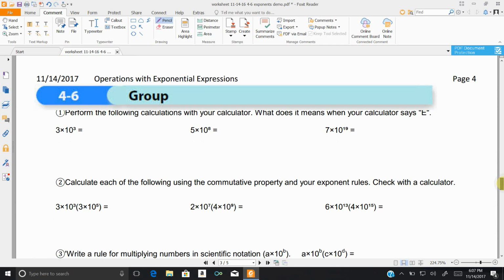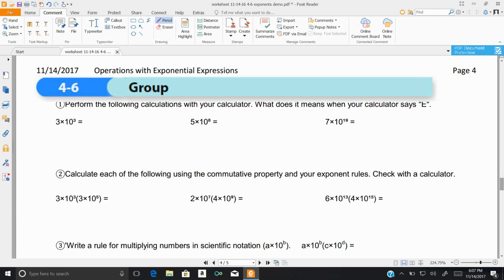Now that we've done that, we're ready for our group work. In the group work, we want to do a lot of things with scientific notation. And if we put these in our calculators, 3 times 10 to the 3rd, scientific notation really means we're saying a number times 10 to the 3rd. This ends up being 3,000, because if I multiply by 3 tens, that puts 3 zeros on the right side of the number.